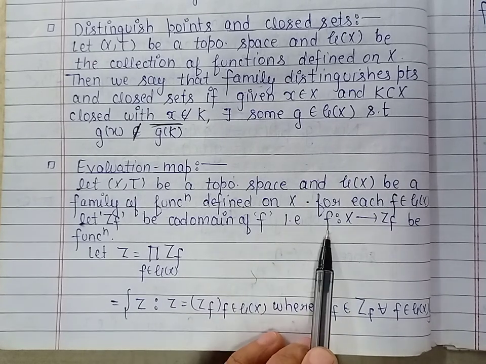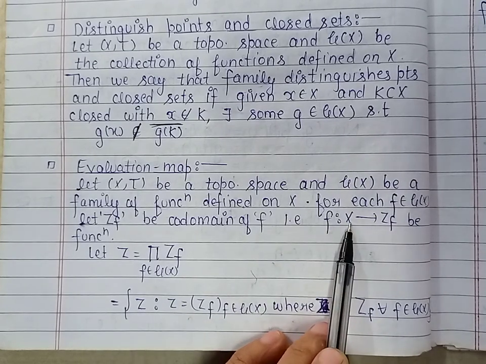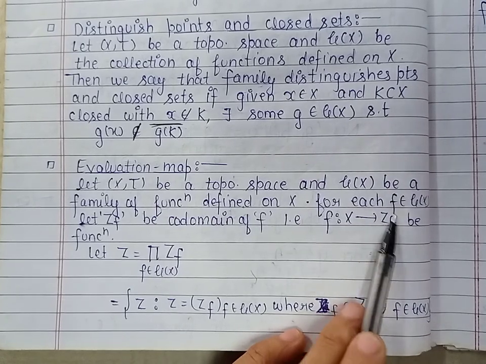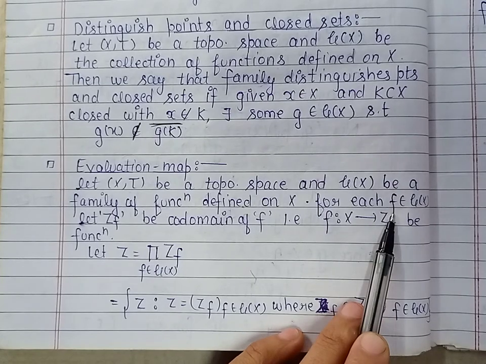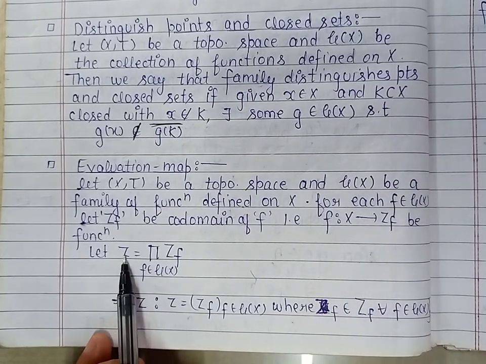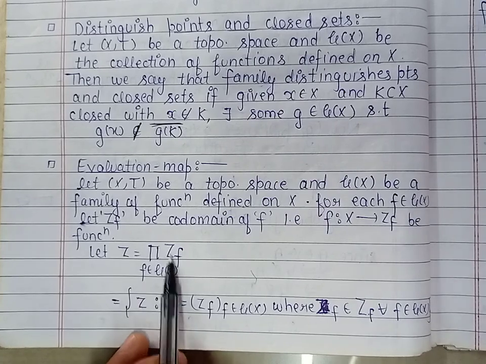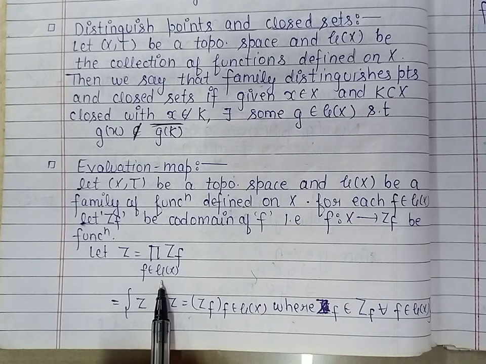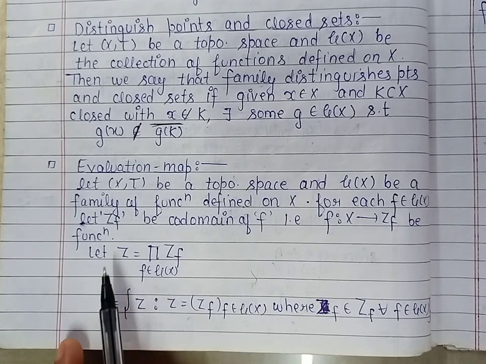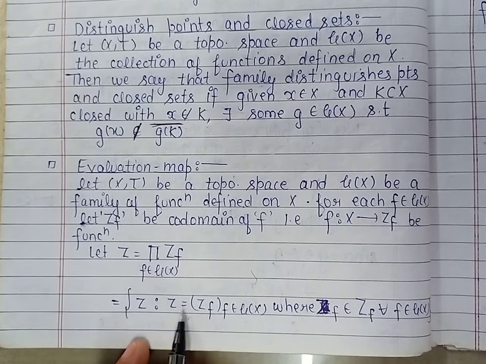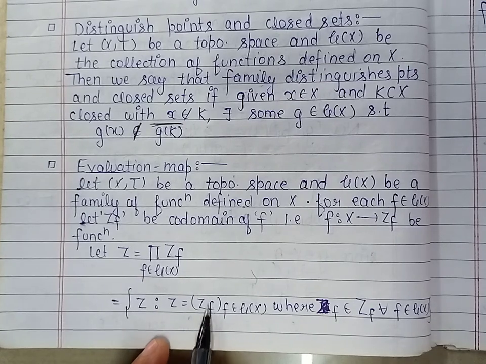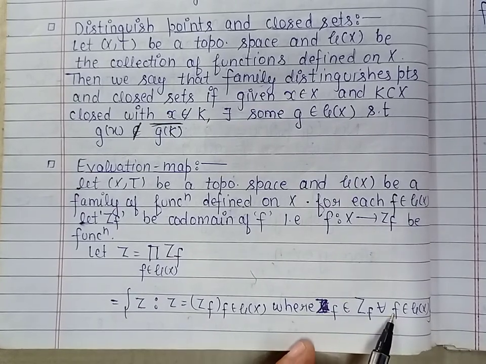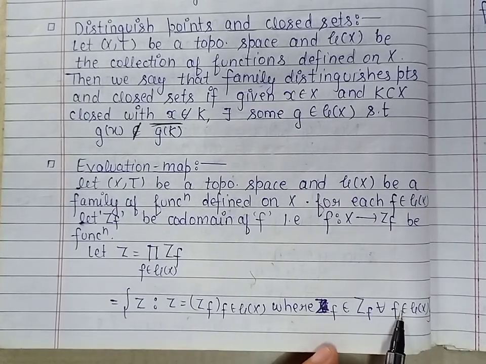It means f is a function from the topological space X into the coordinate space Z_f. The Z_f are the coordinate spaces of the product space Z. Z we have defined as the product of Z_f by taking f from the family of functions B_X. By definition, the elements of Z will be of the form of the product of z_f, where these z_f belong to the coordinate spaces of Z for every f belonging to the family of functions.